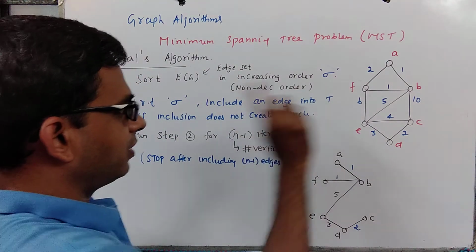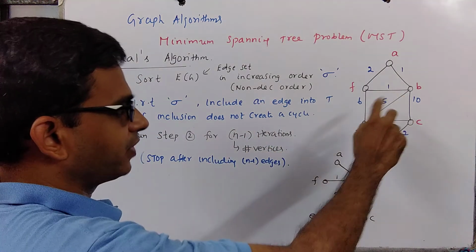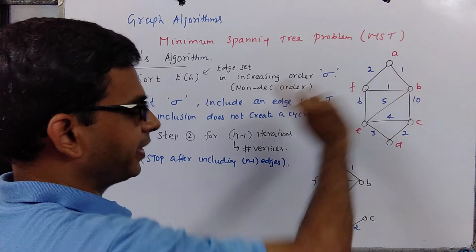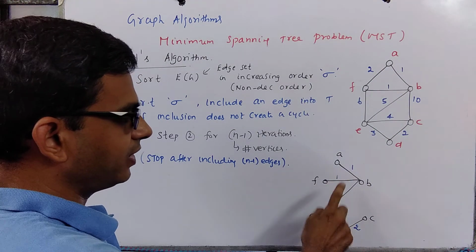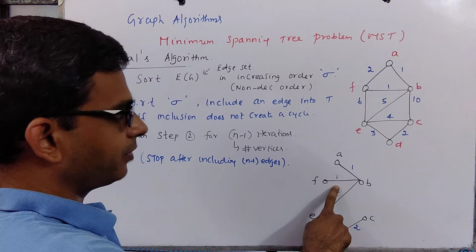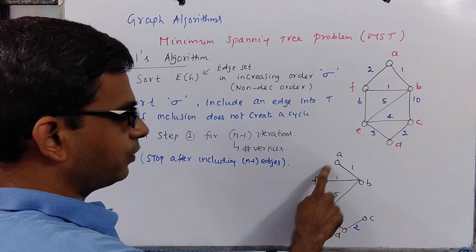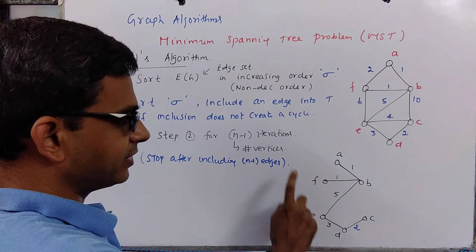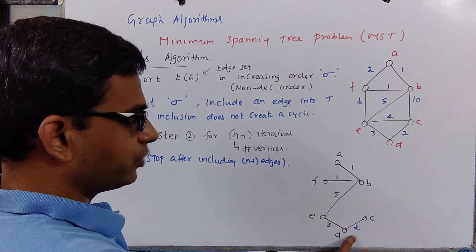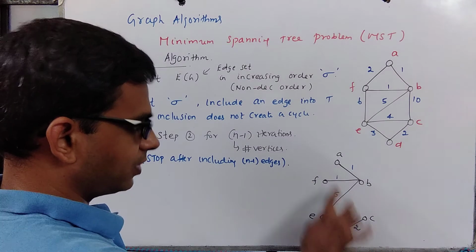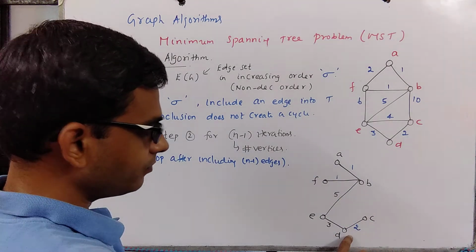Run this step 2. First sort the edges. First edge is AB. Add them because inclusion of this does not create a cycle. Then include BF. Inclusion of this does not create a cycle. But when we include this edge, it creates a cycle. So you skip that and go to the next edge.